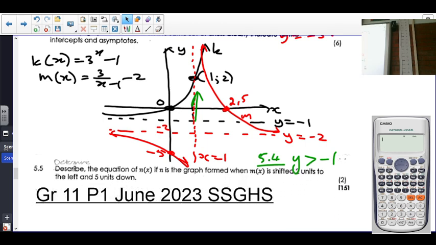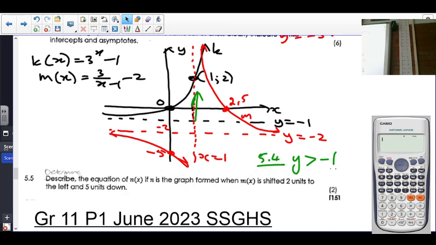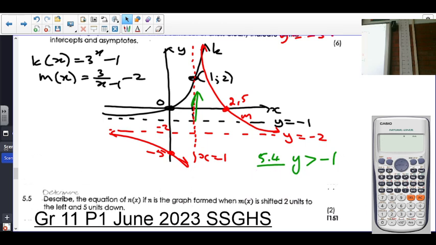Alright, let's look at 5.5. The question says determine the equation of N of x, if N is the graph formed when M of x is shifted 2 units to the left. So we are told that M of x is shifted 2 units to the left. 2 units to the left, so I must plus 2 on the x.